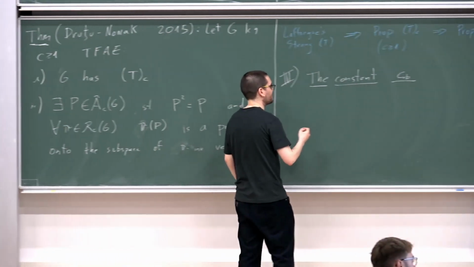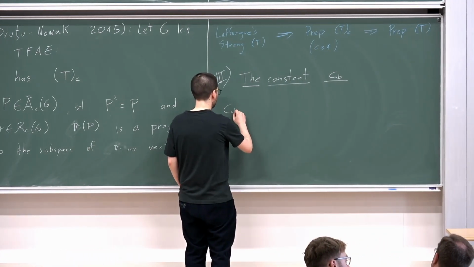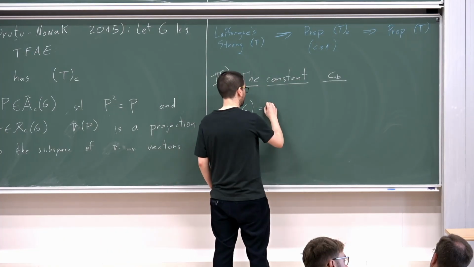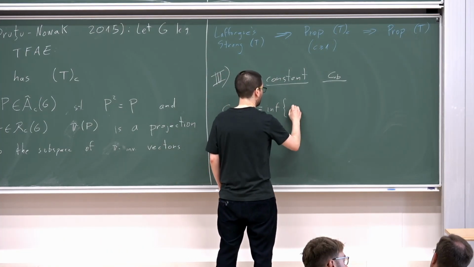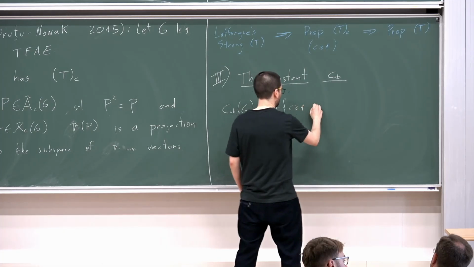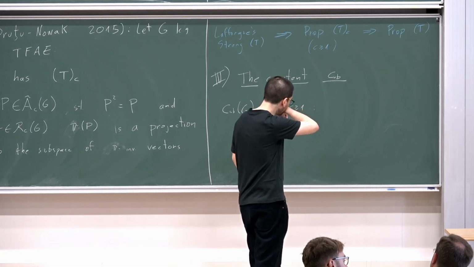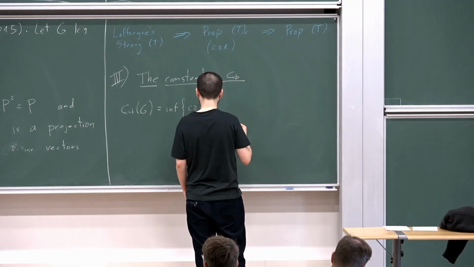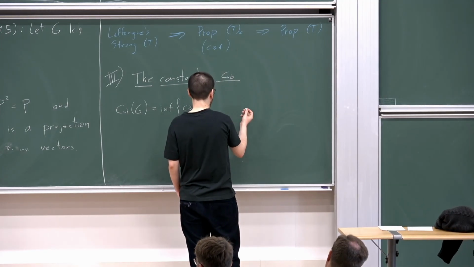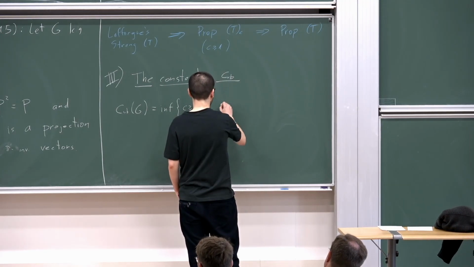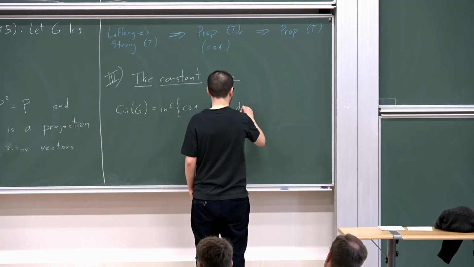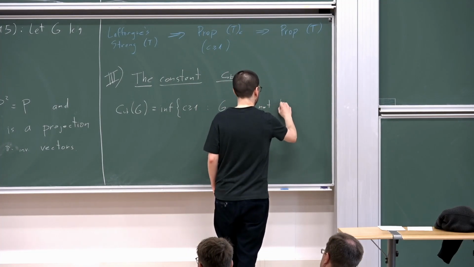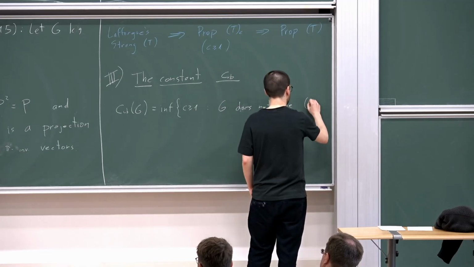So I'm going to define CUB of G for every locally compact group. I define this as the infimum of all C such that G does not have TC.